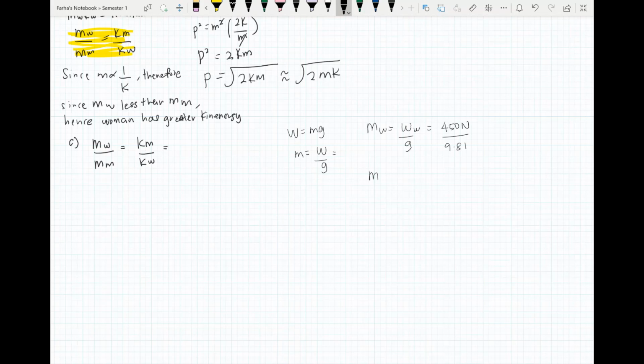And then mass for man equals to weight man over g, which is 700 Newton over 9.81. After we calculate, we get mass woman is 45.87 and the mass for man equals to 71.36 kilogram. So the ratio should be 0.64. That's all for question number 9. Thank you.